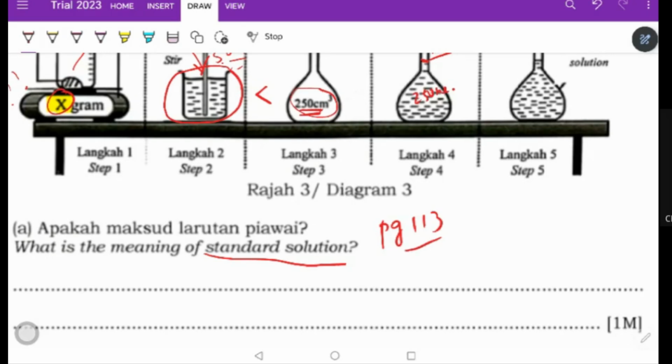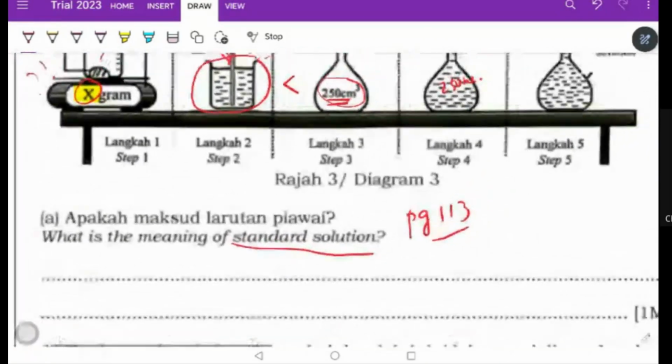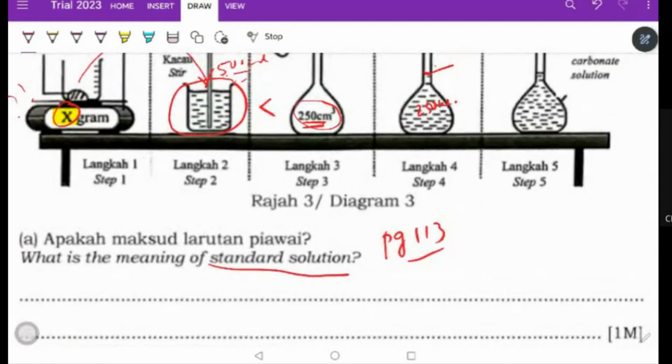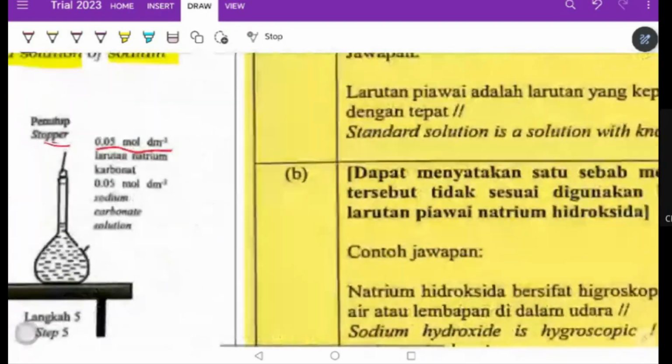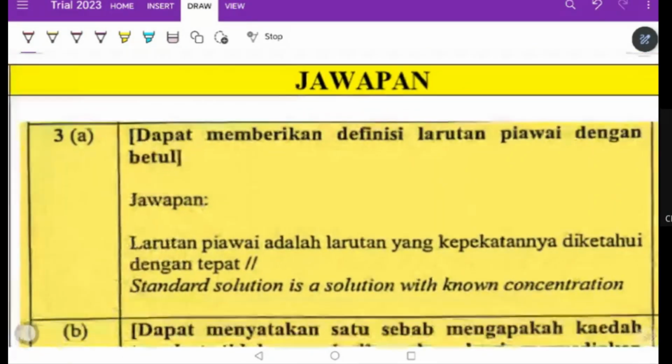Everybody refer to here. Online can be referred to, but sometimes you have to refer to our syllabus because sometimes the online one is not fulfilling the needs of the marking scheme.